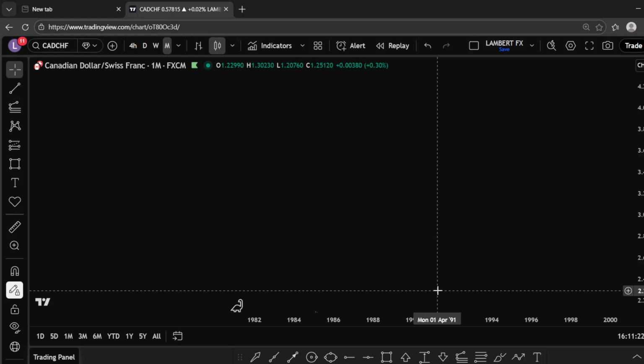The first way is the motive waves. He classified the motive waves as two parts: one is the impulsive move, and the second is the diagonal move. In the diagonal move, we have leading and ending diagonals.